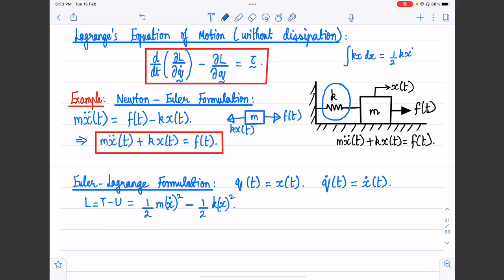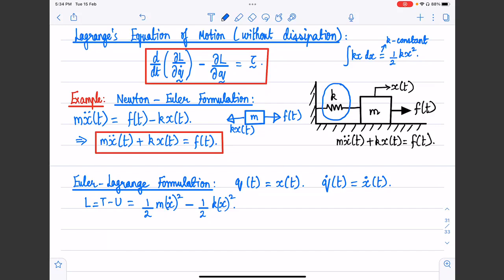Of course, this is an important assumption, so we assume that the spring constant is indeed a constant value. Integral of x dx is x squared by 2, so we get 1/2 kx squared. I hope it's clear. Any other questions before we go ahead?